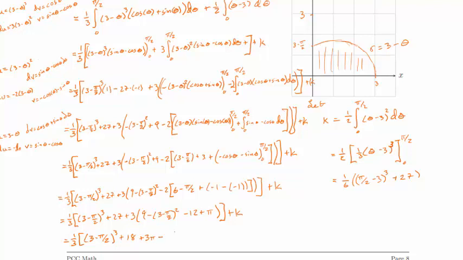We get a minus 3 parentheses 3 minus pi over 2 quantity squared. Close off this bracket plus 1/6 parentheses. Actually, I'm going to distribute that 1/6 in, so this is 1/6 times pi over 2 minus 3 cubed plus 27 over 6 reduces to 9 over 2.